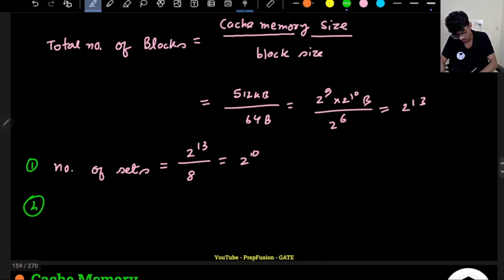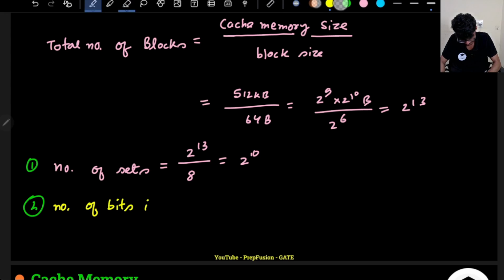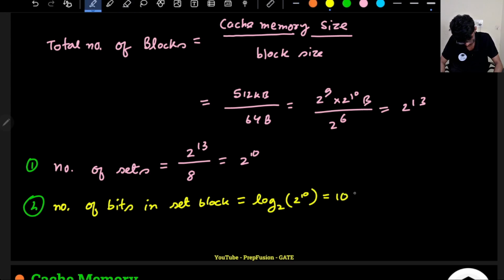The number of sets is this, so the number of bits in the set field will be equal to log of this, which is 10.